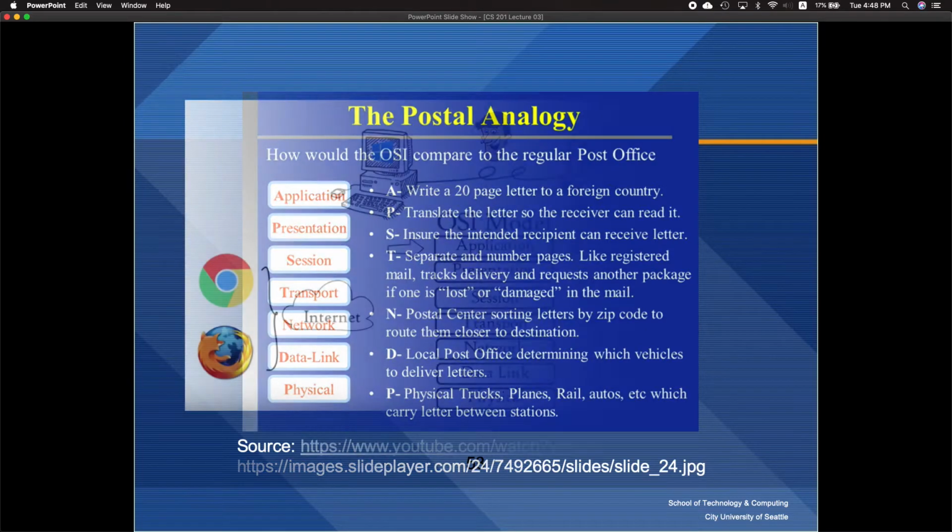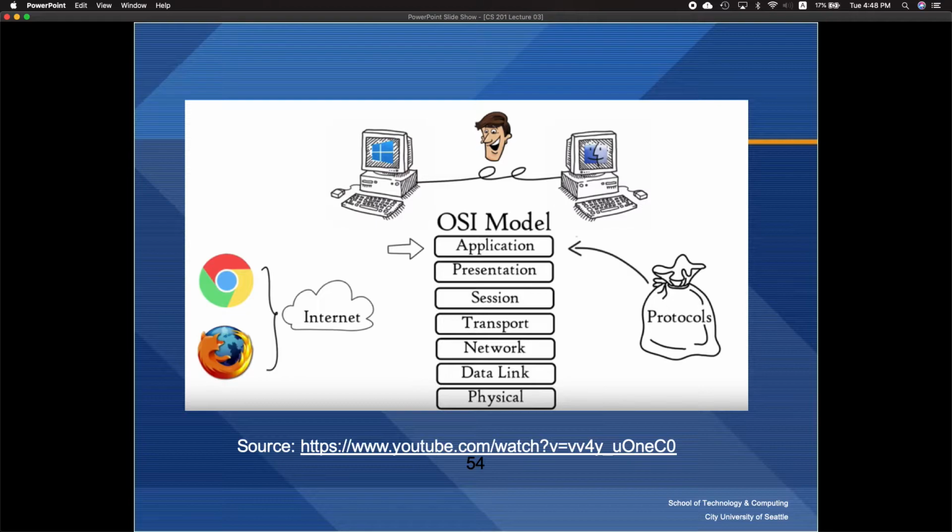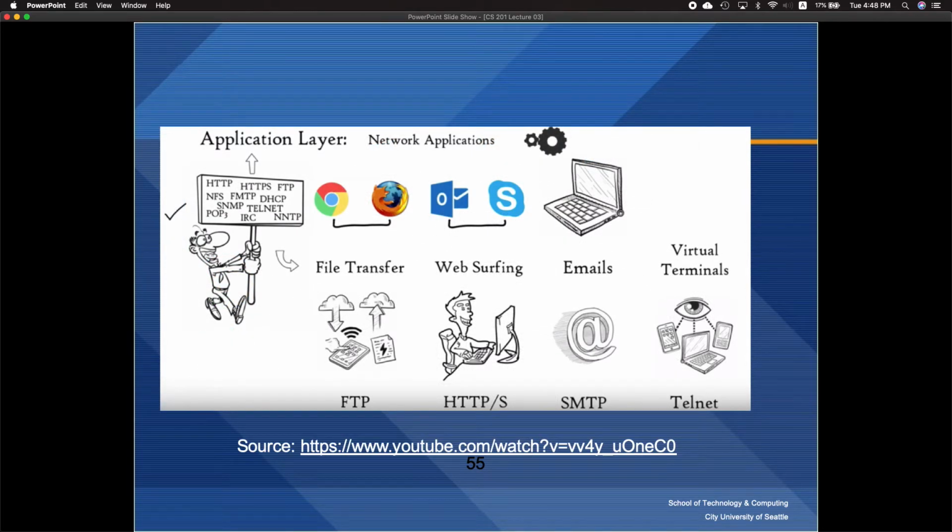Let's move along. In the OSI model, this is where usually the browser, when you hit the browser, it uses HTTP and HTTPS protocol. That's one of the protocols being used to communicate between applications, right? You can also have file transfer protocol, for example WordPress sites and other web hosting.